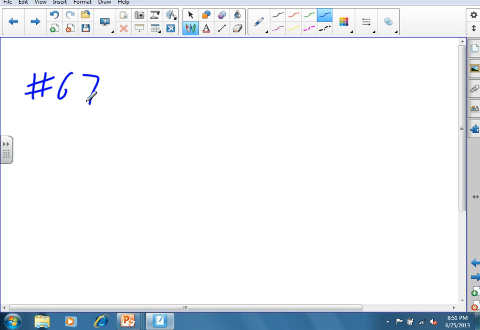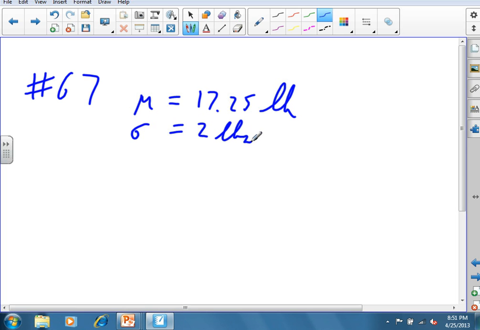The distribution of weights for 6-month-old baby boys is approximately normal. Mu 17.25. Standard deviation 2. All right. Now what is this chart about here?